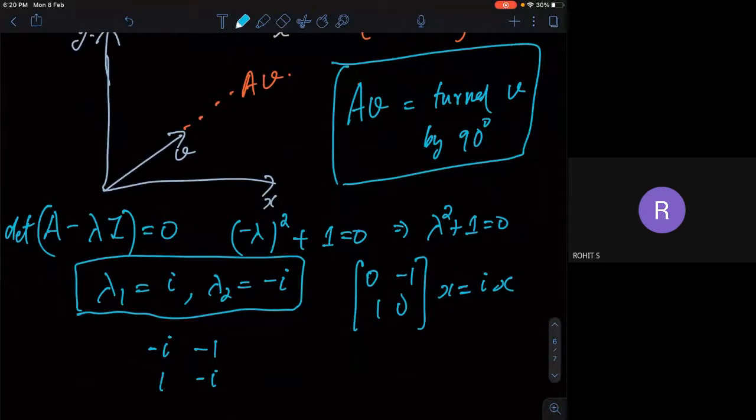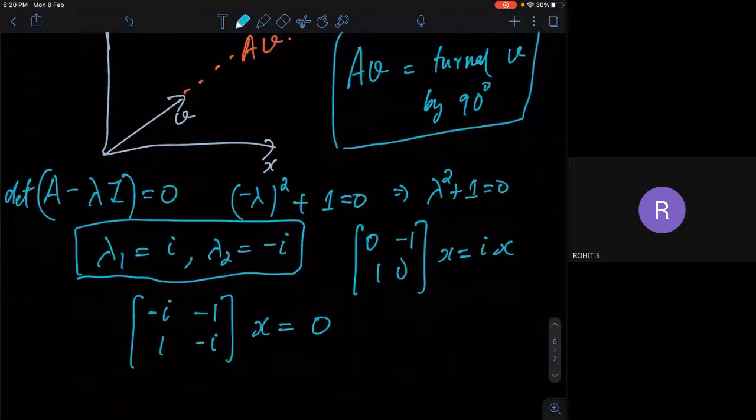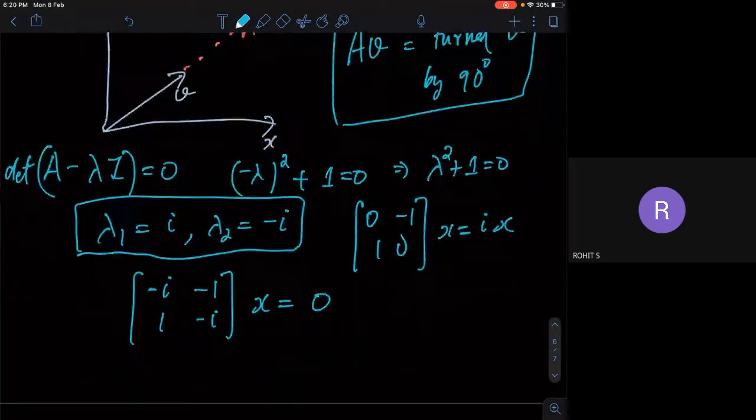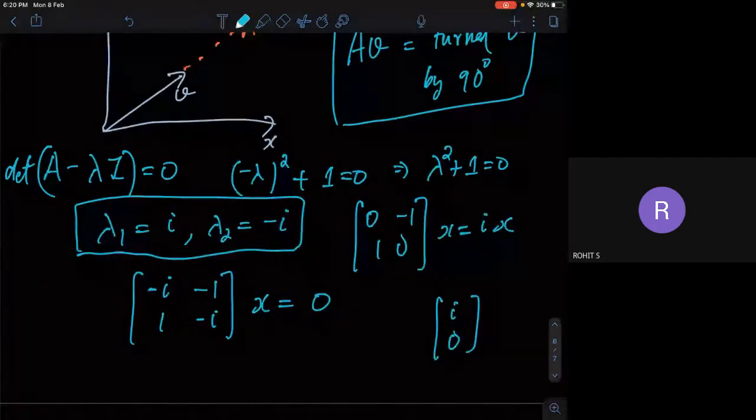This times x gives me 0. What is it that gives me this? What about 0? What about i? What about if I take 1 and i?